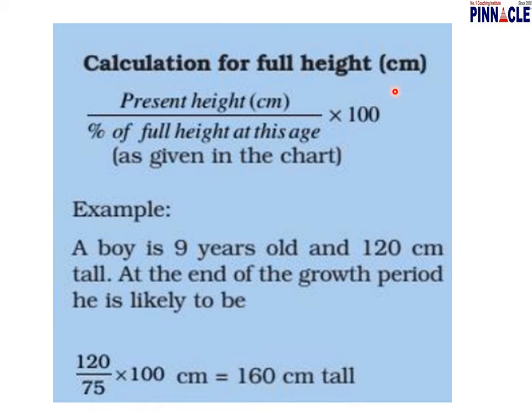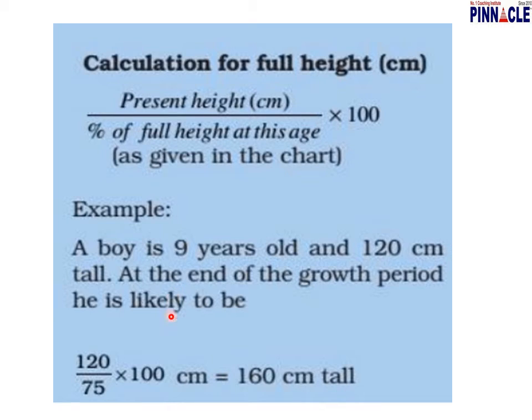Calculation for full height. This is the formula: present height divided by percentage of full height at this age, multiplied by 100. For example, suppose a boy is 9 years old and 120 centimeters tall.